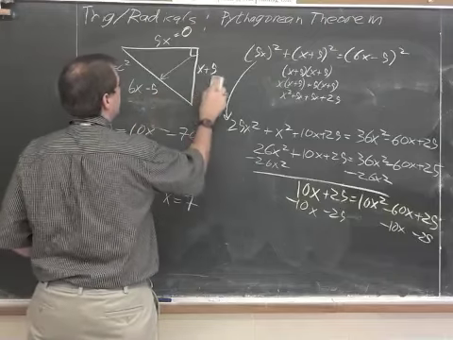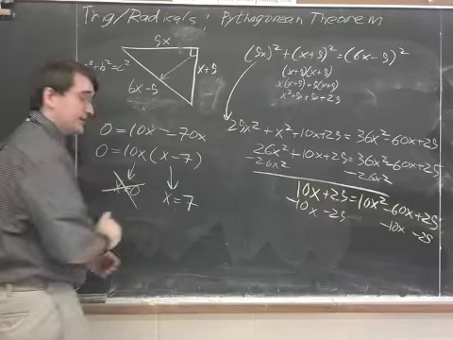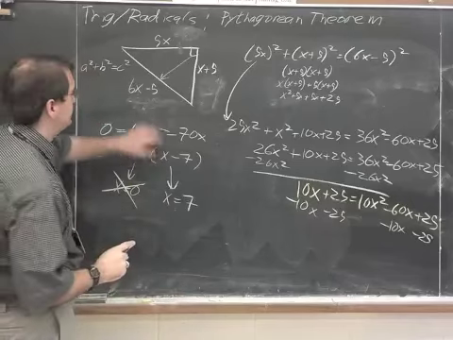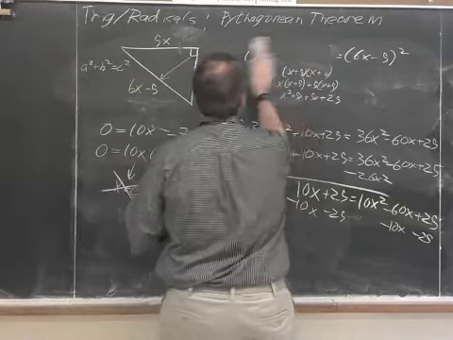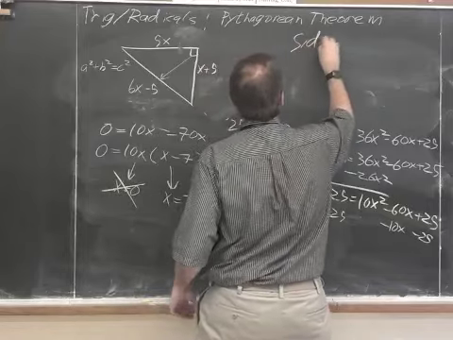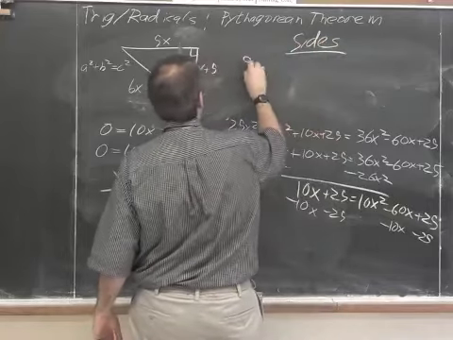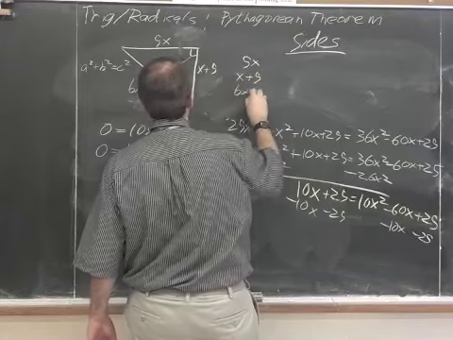So x equals 7. That's part of the solution, but keep in mind that's not the whole solution, because ultimately I want these three sides. So what I want is the sides. And so the three sides in question, the variable expressions are 5x, x plus 5, and 6x minus 5.